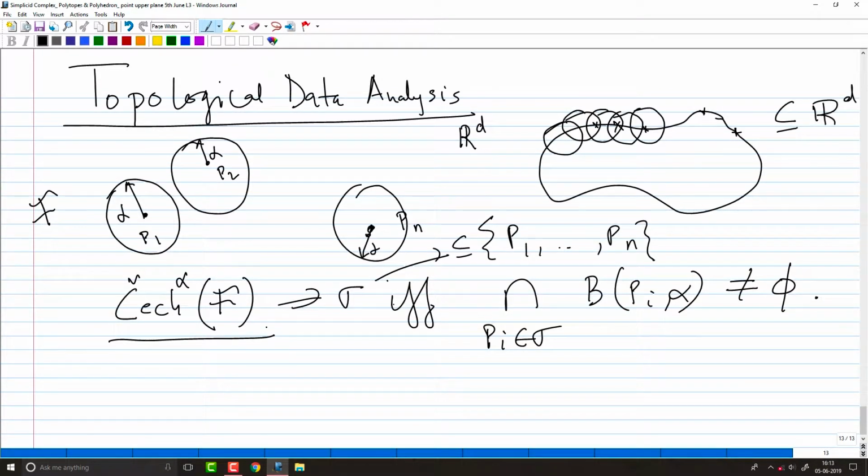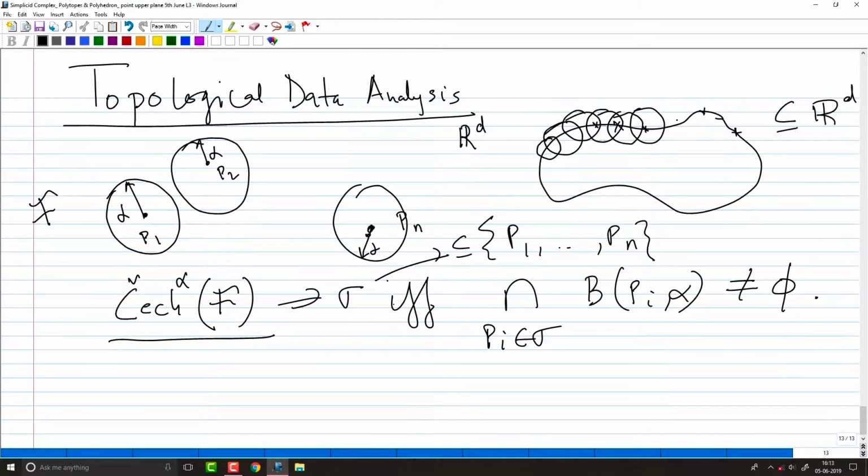But then you might say, what is the point of computing this? It is a combinatorial object, whether it is nice or not, who cares. Why do I care about this combinatorial object? The interesting thing is, as I said, if you sample the points densely, you hope the union of balls will capture the properties of the object, specifically topological features.